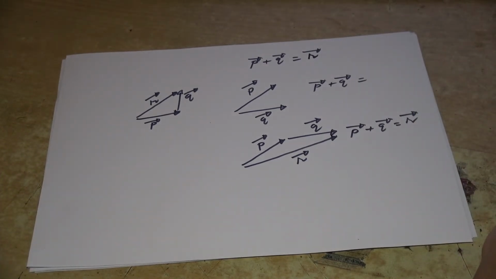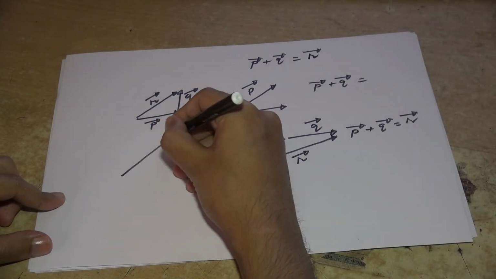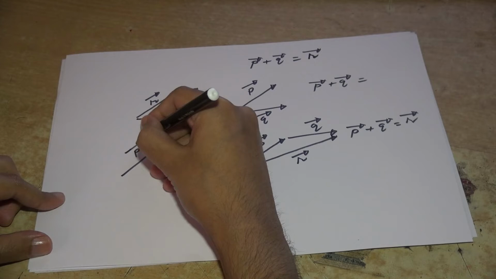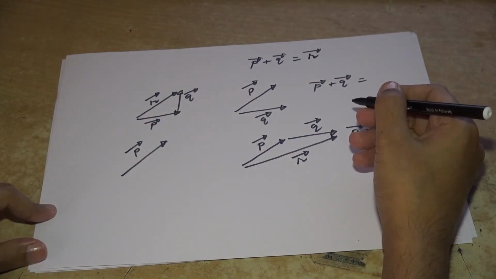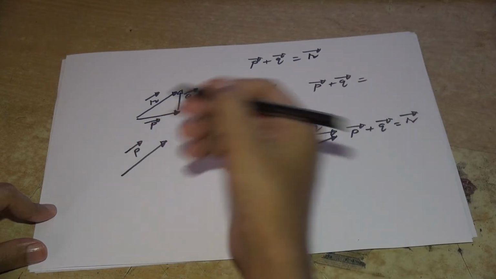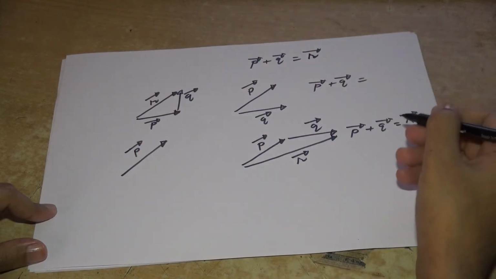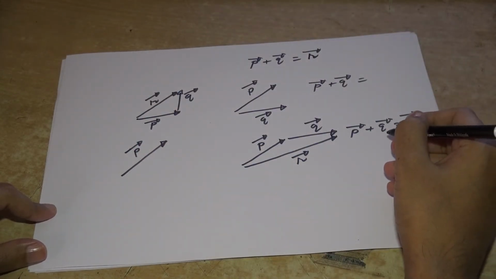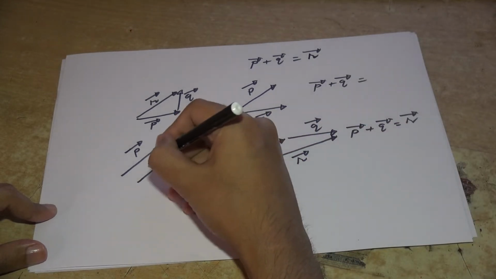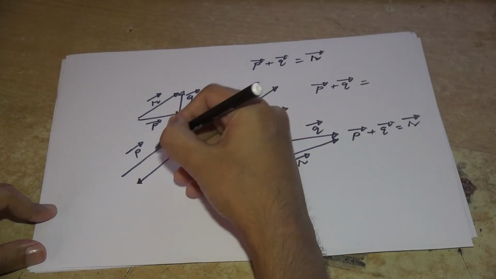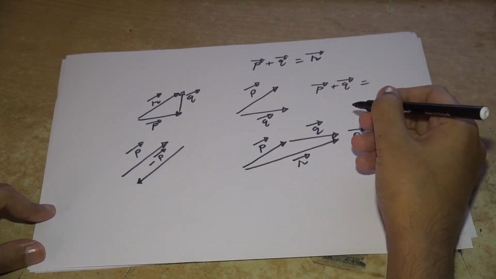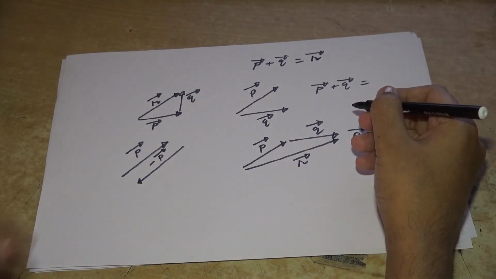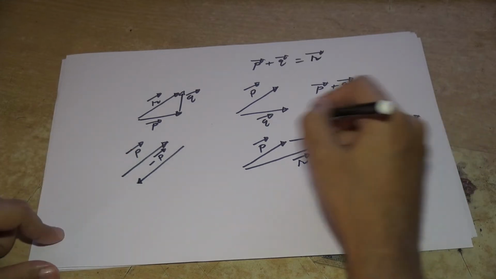Another thing I want to mention is that whenever we are drawing a vector, say I draw a vector called p, what will be the negative vector of p? If I call this vector positive, what will be its negative? This is very simple. If you just simply change the direction, then you end up with a negative vector. If you simply change the direction, the p vector becomes negative, as you can see.